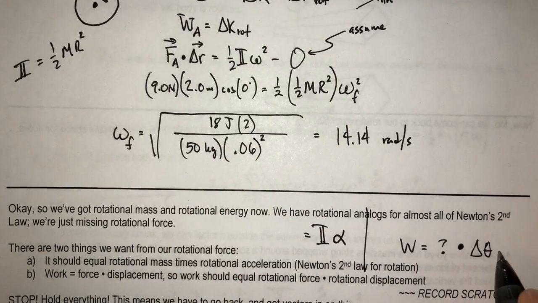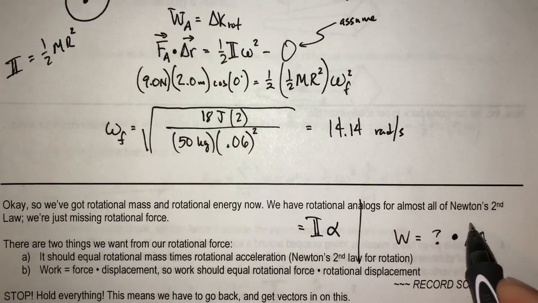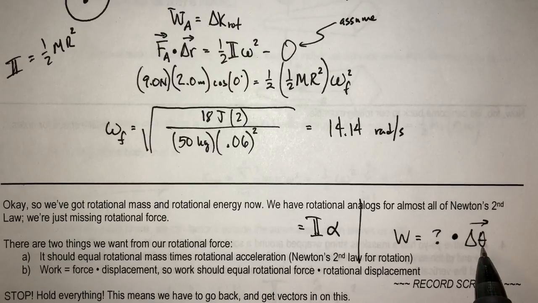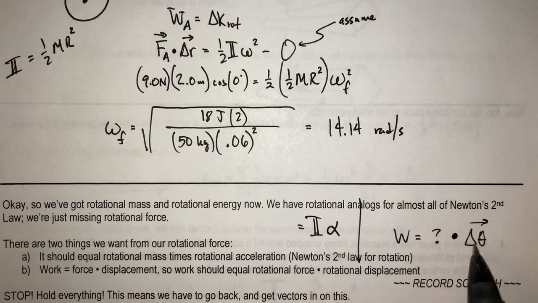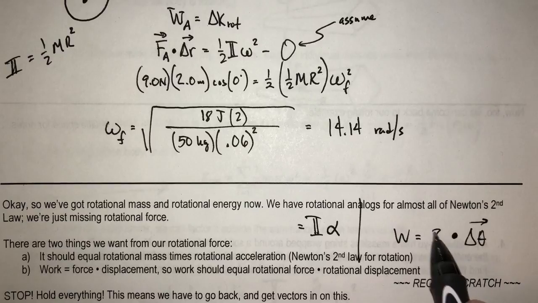That means whatever this is, we didn't treat vector nature of angular displacement last week. And it also means that whatever this is, this rotational force, also has to be a vector, because work needs to end up as a scalar.